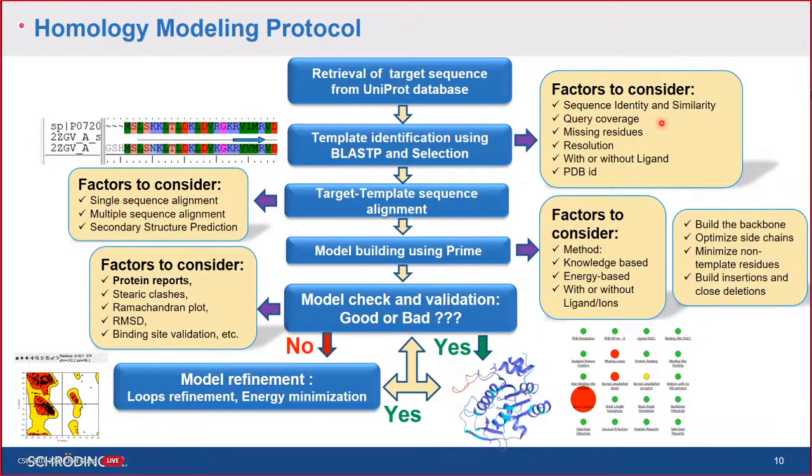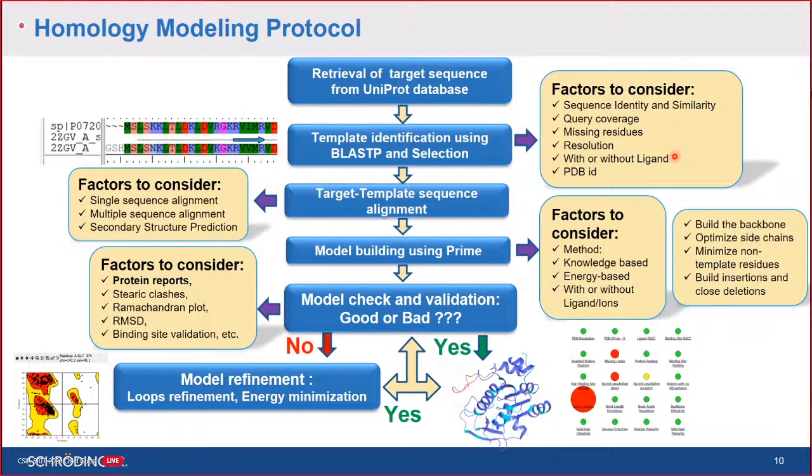There are various factors to consider before selecting a suitable template structure: sequence identity, similarity, query coverage should be maximum, there should not be many missing residues in the template, what is the resolution of that structure, and whether it is present with a ligand or without a ligand.